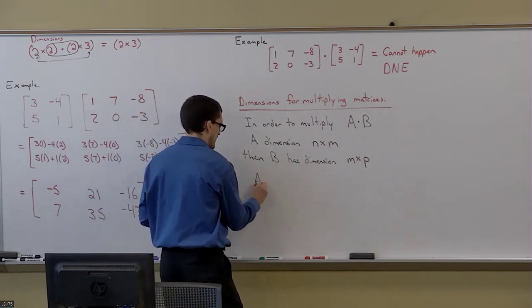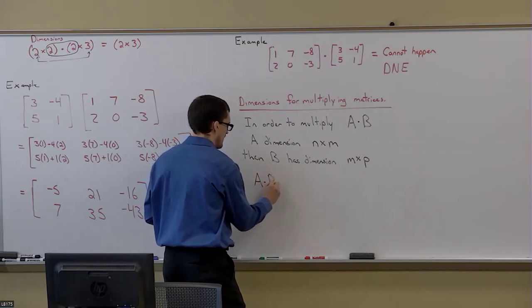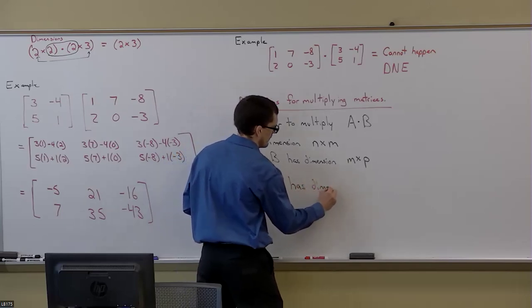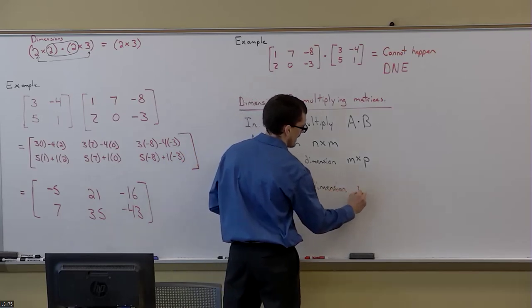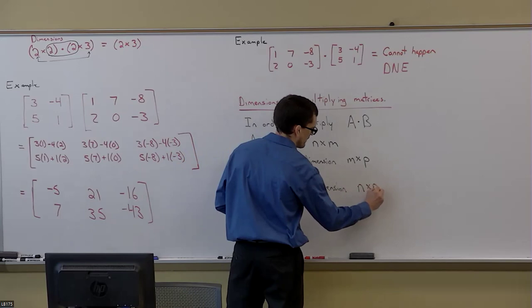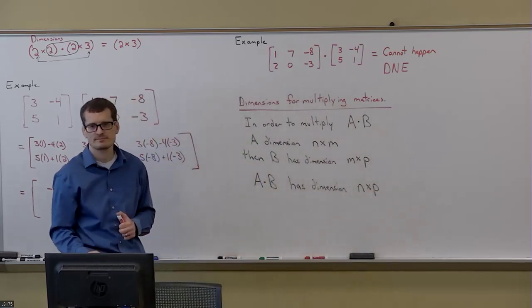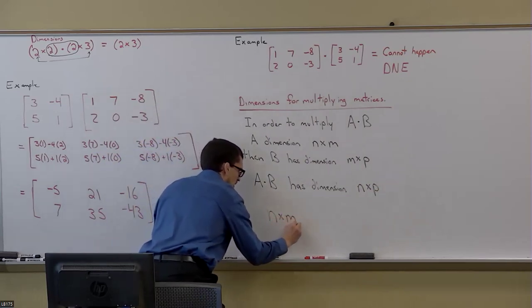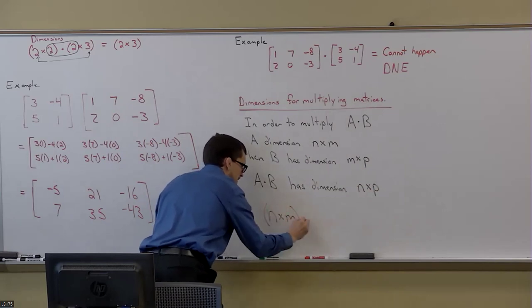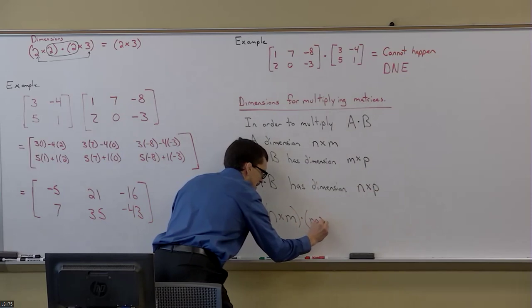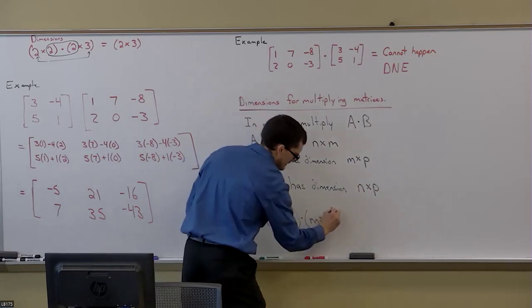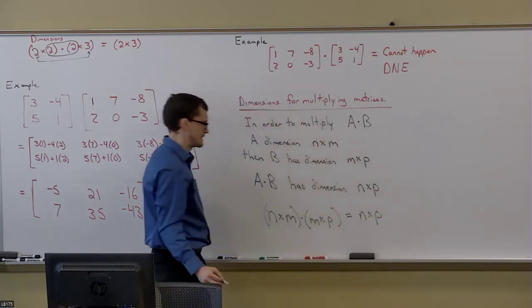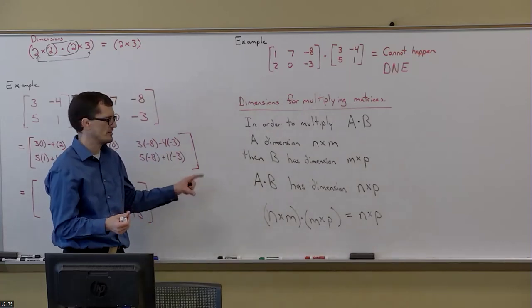And A times B will have dimension N by P. And so the dimensions have to match up that way.